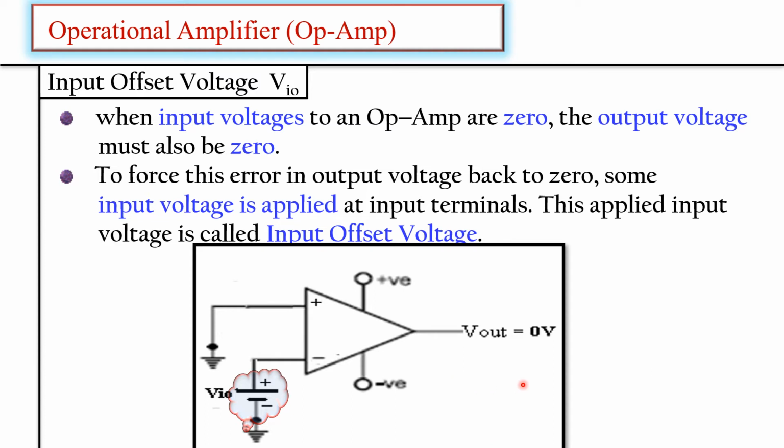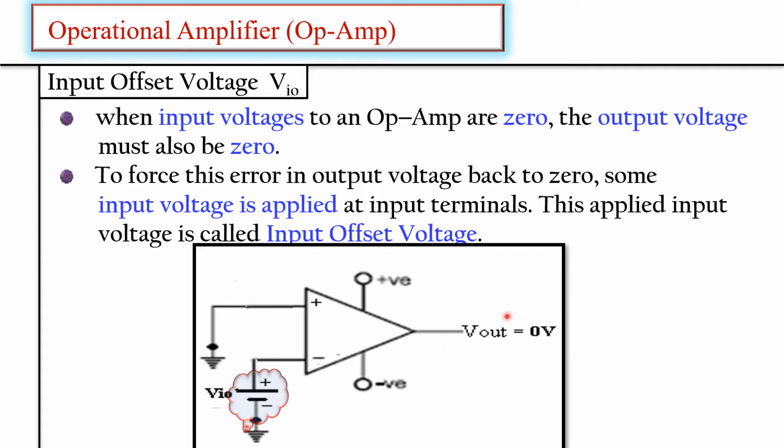So the definition of the input offset voltage is the amount of differential voltage which is required to be applied between the two input terminals such that the output of the op-amp becomes zero. This is nothing but the input offset voltage.